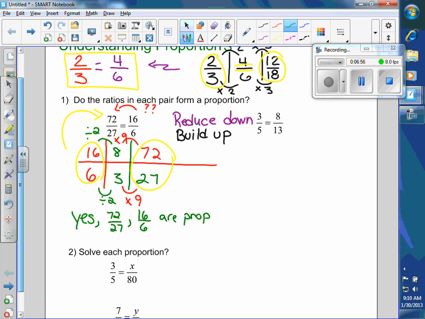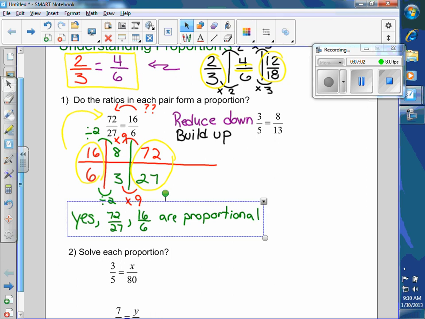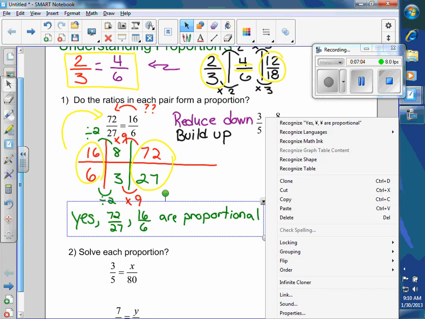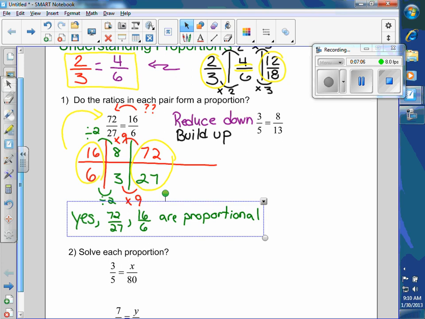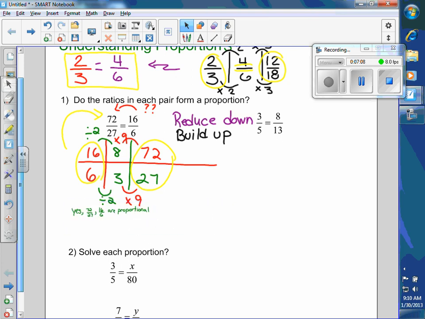Now your book, what your book does is they write it with a comma. Look at that. They don't put an equals for you. In your book, they put a little comma here, and they turn this into a question.